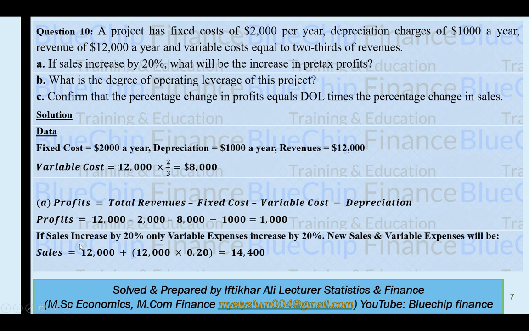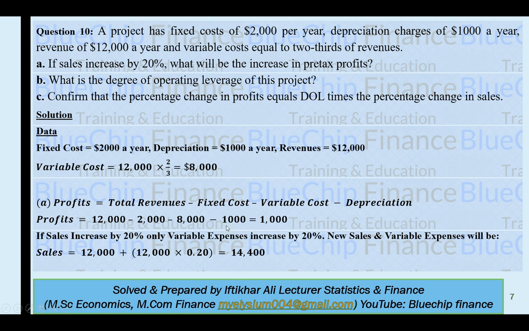And if your sales increase by 20%, what will be the increase in pre-tax profit? Before this increase, your profits are 1,000. After an increase of 20% in sales, your sales turn to 14,400.